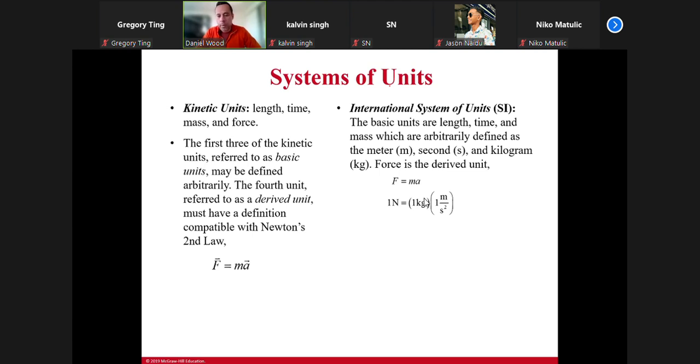Now, to the point where if you guys can get in the habit now of carrying all of your units through your equations, let me just see if I can annotate this. Okay, so this here is really important. What happens is you get very confident with your calculation abilities and you start to leave the units off.